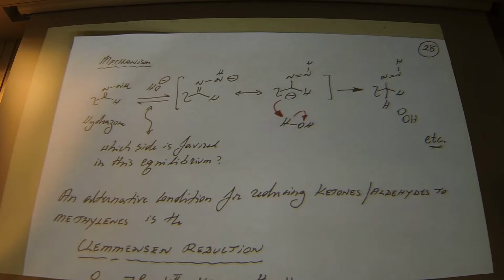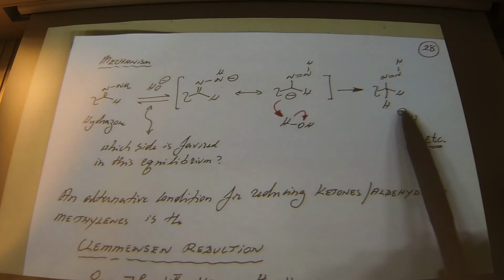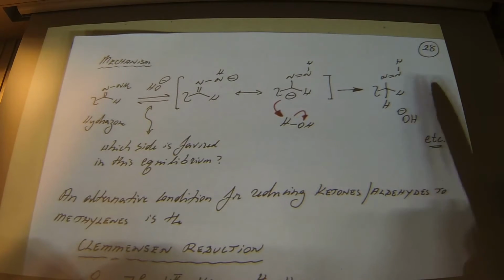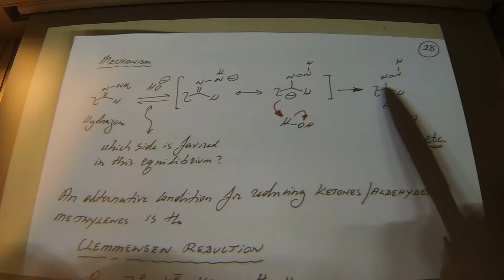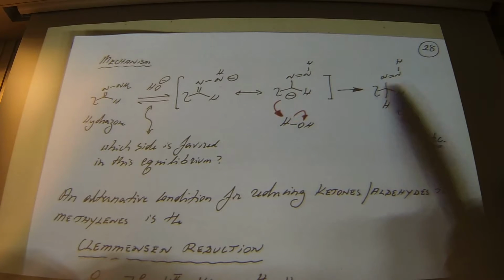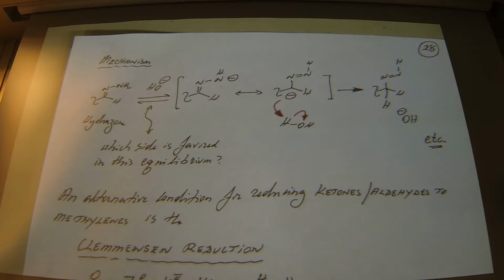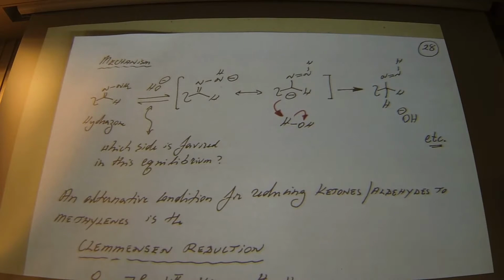So it's a bit of a strange reaction for us. We haven't seen anything quite like this. How this thing collapses, there are 2 ways it can go. It can either go via an ionic mechanism, which will give you a carbanion here, or it can go through a radical mechanism, which will give you a radical there. I'll let you figure out those 2. It's not hard to do.